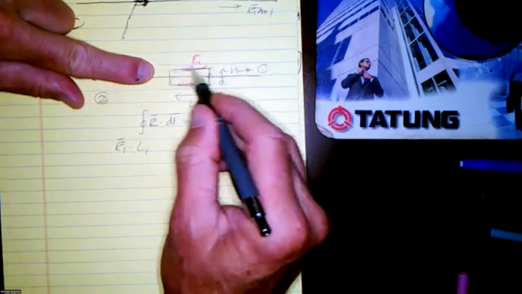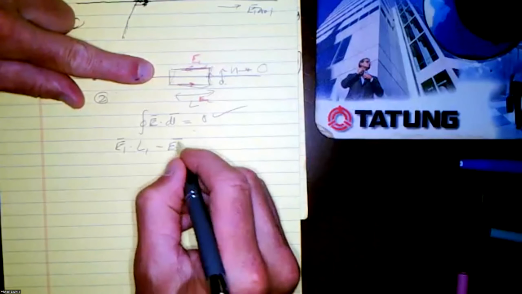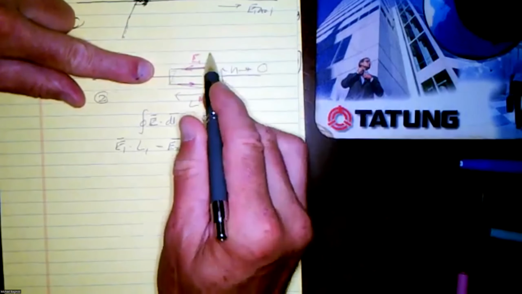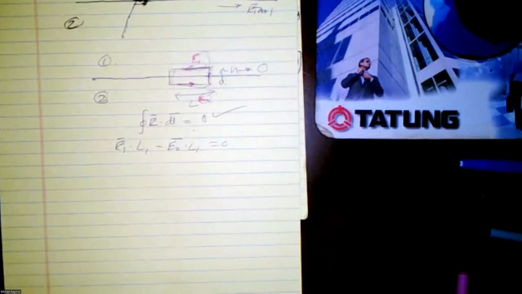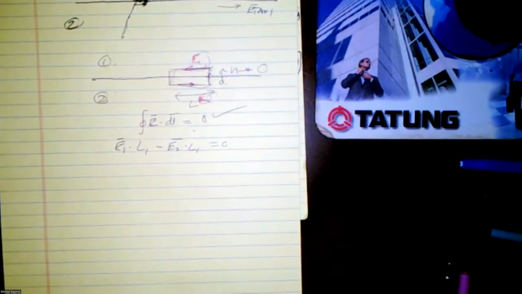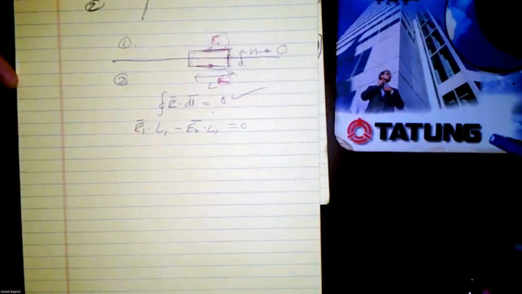Minus E2 dot L1 equals 0. And really, it's just saying that the E field above is the same as below, or otherwise, you wouldn't have 0 voltage around a closed loop. This video is not exactly helping me make that point, but I can do it in class.